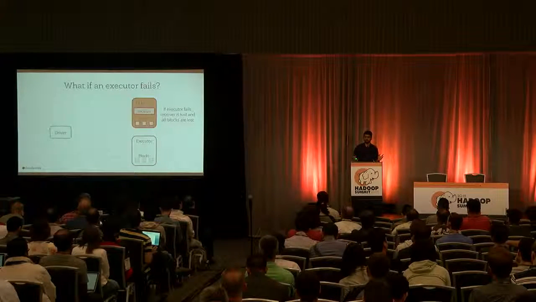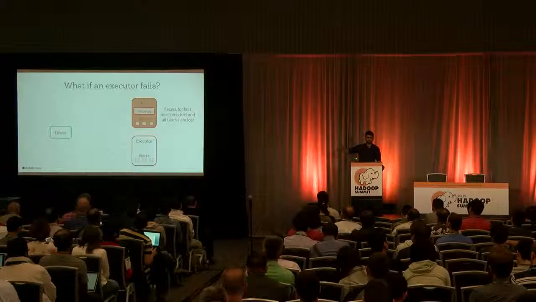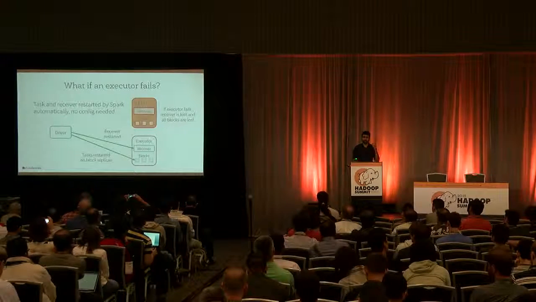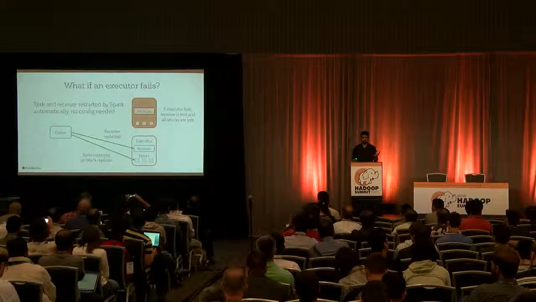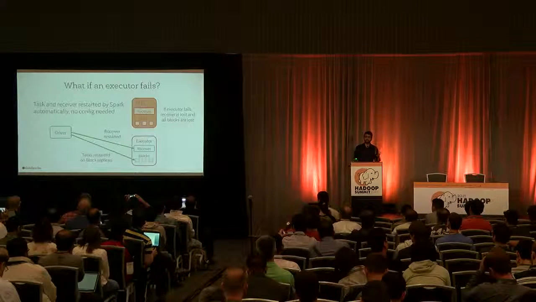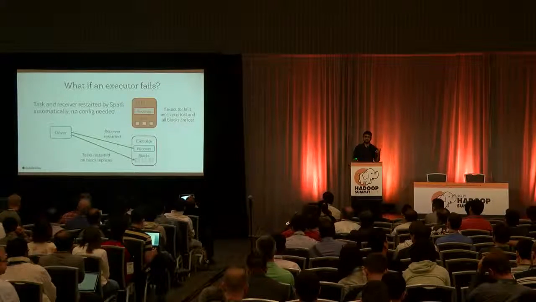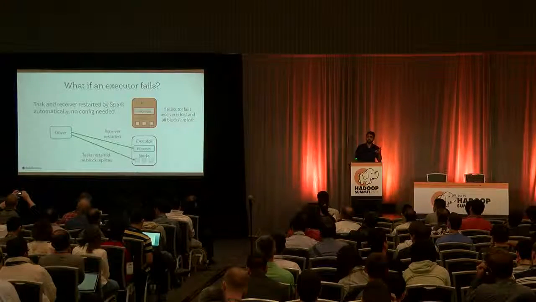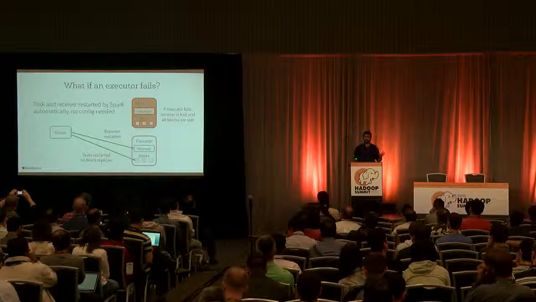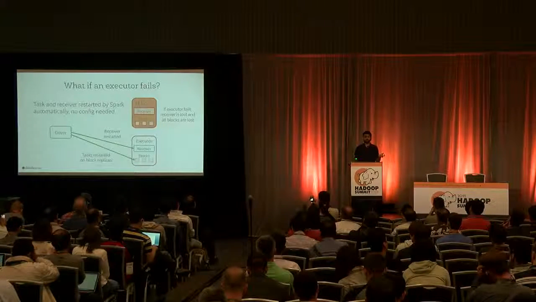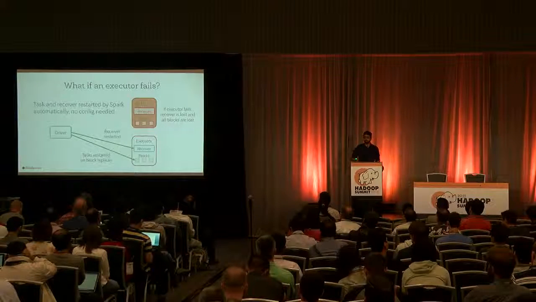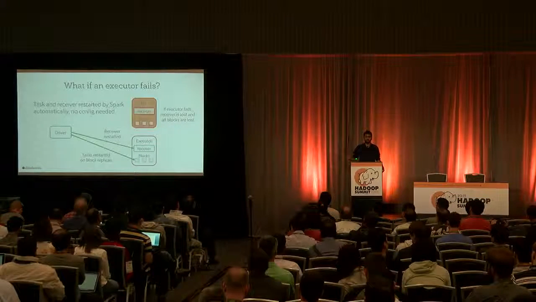But that's okay, because the driver will immediately detect the failure, and the tasks that were running on that executor will be relaunched on a different executor using the block replicas present on other executors. That's why we replicate the blocks, so that this executor failover can be handled. And the receiver, which is also a task, will be relaunched on another executor.